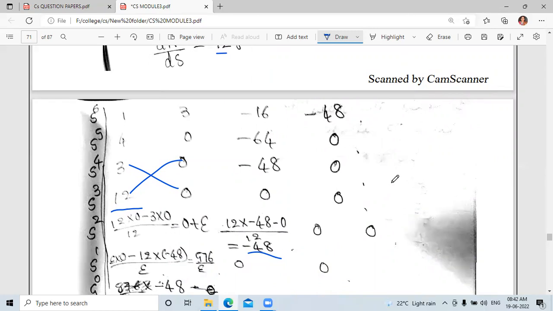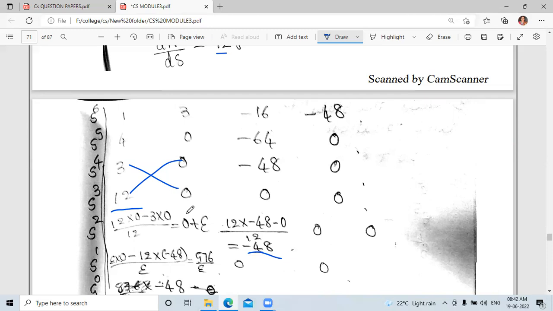If the row is completely 0, then you should go with special case 2, that is, you should consider the row before it and differentiate with respect to s. But here only one element is 0, and the value is minus 48.